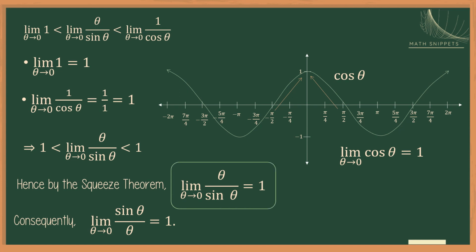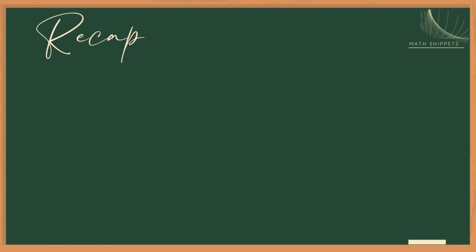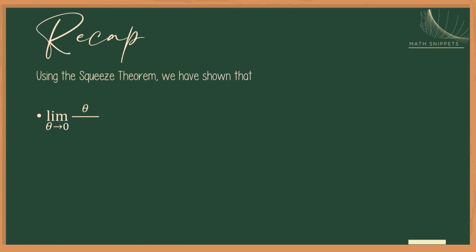So therefore, the limit of theta over sine theta as theta approaches 0 is equal to 1, and the limit of sine theta over theta as theta approaches 0 is equal to 1. So with the use of the squeeze theorem, we were able to show the following two theorems: that the limit as theta approaches 0 of theta over sine theta is equal to 1, and that the limit of its reciprocal is also equal to 1.